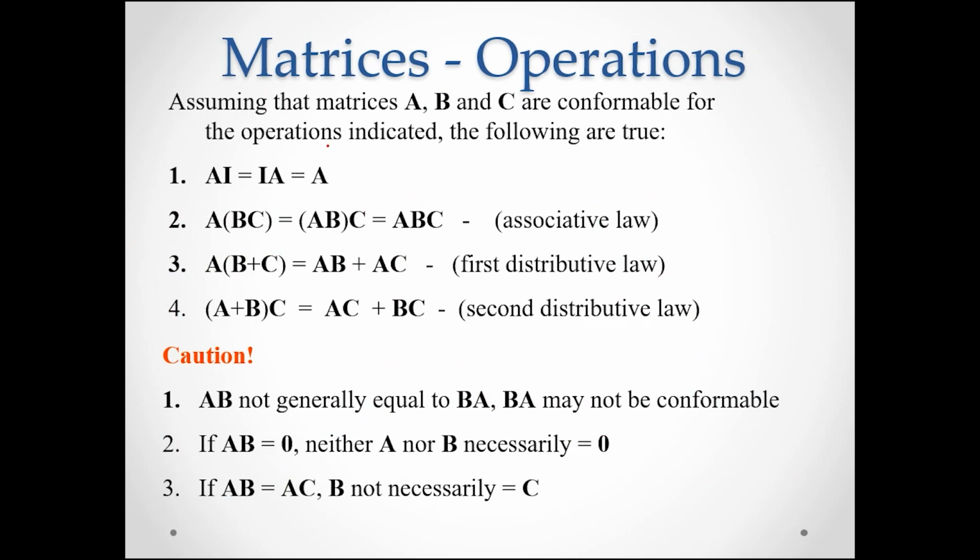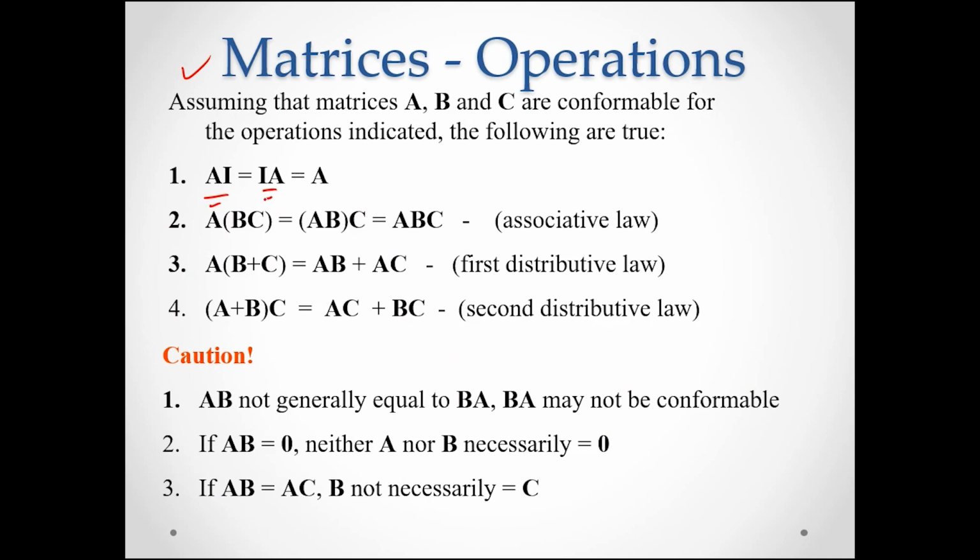As we have some operational rules for addition, we also have some operational rules for matrix multiplication. As we know, conformability is the key rule we have to keep in mind whenever we have matrix multiplication. But there are certain other rules, which you can get after solving some data.